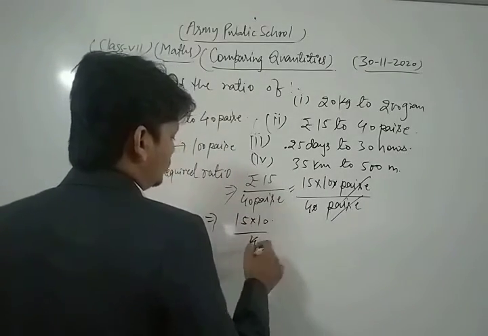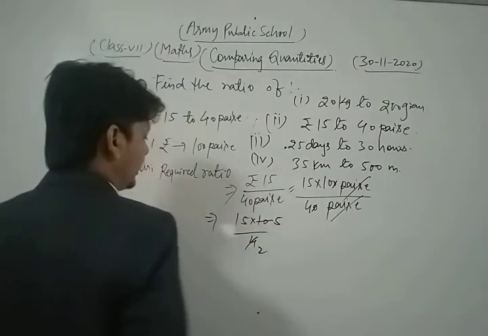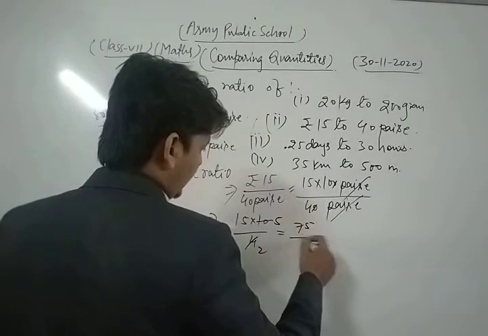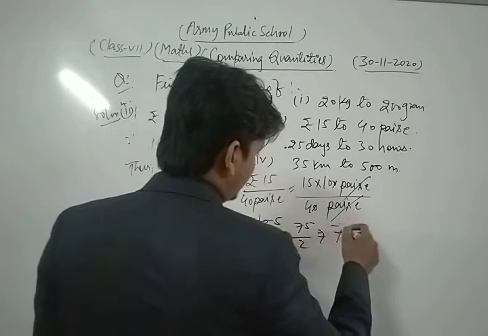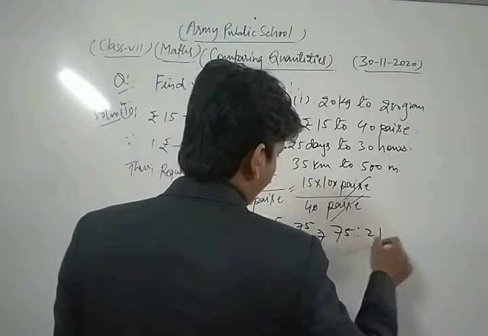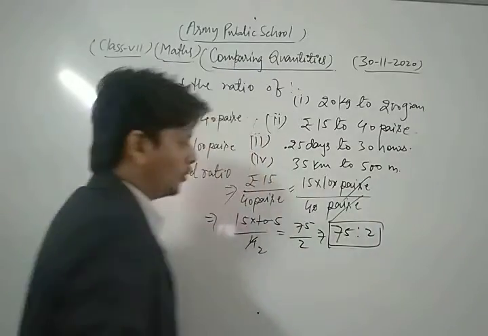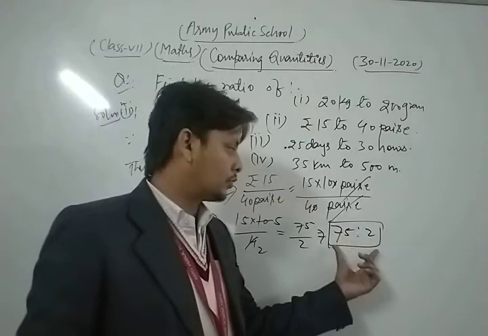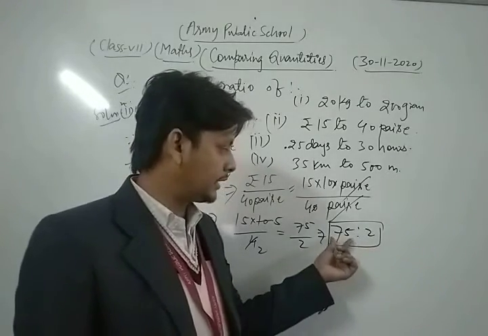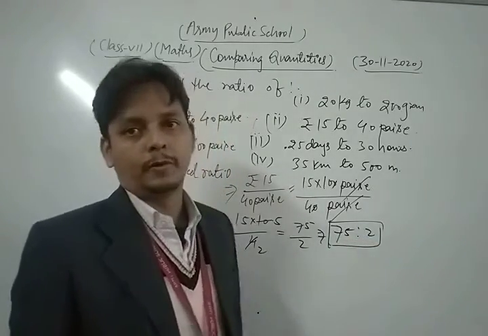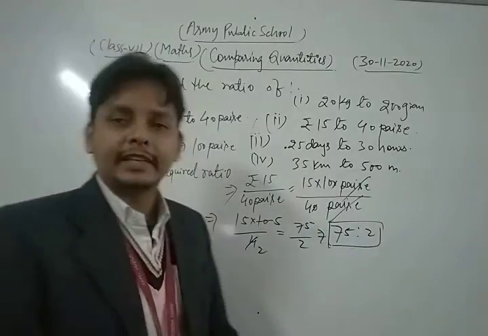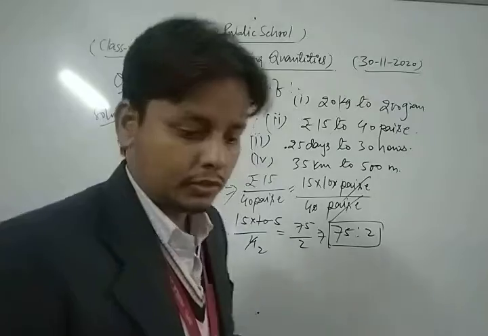Then 2 fours are 8, 2 fives are 10. Now 15 fives are 75 upon 2. That is, the required ratio is 75:2. So in this way we solve that question and we get the required solution of the given question: 75:2. Now similarly we take and solve the third part of this question. Let's see.